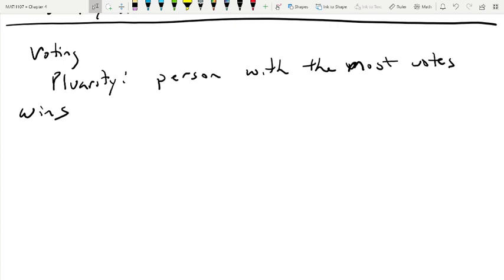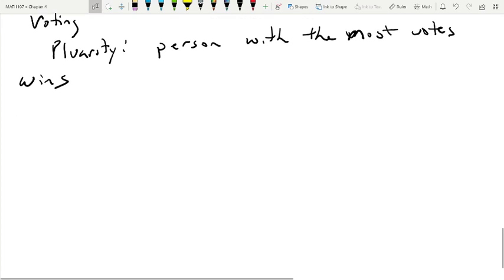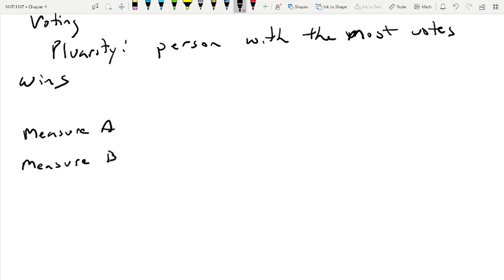Right. So let's look at an example of how this might work. Let's say we have various measures: measure A, measure B, measure C. And then we have rankings.